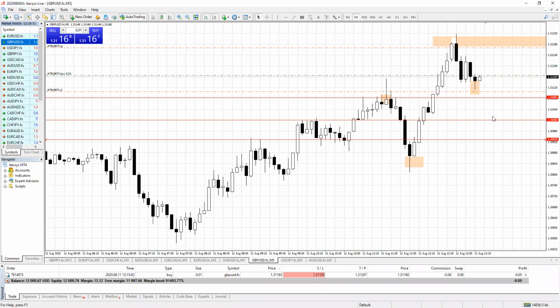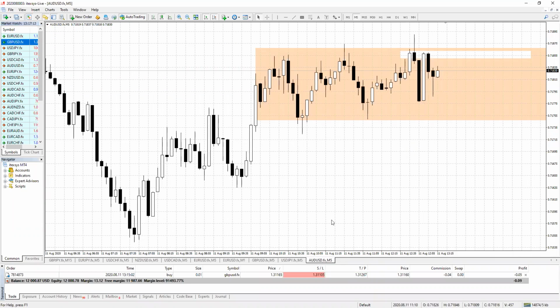We need to wait for the market to tell us what to do and when to do it. Let's see the rest of the pairs.